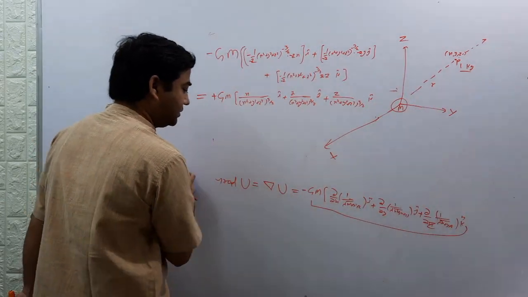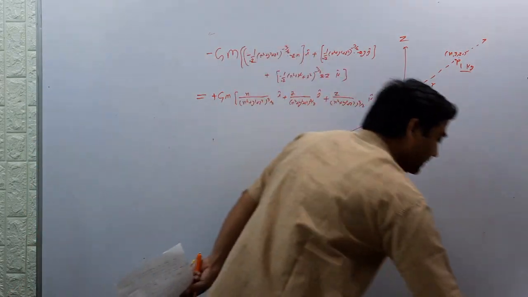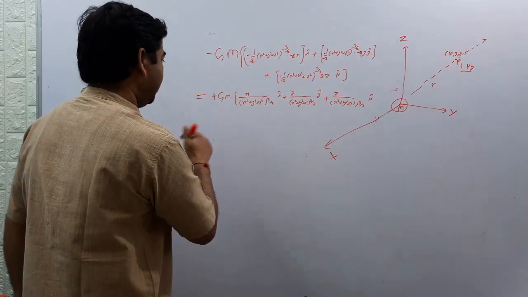This is grad U, gradient of potential energy.